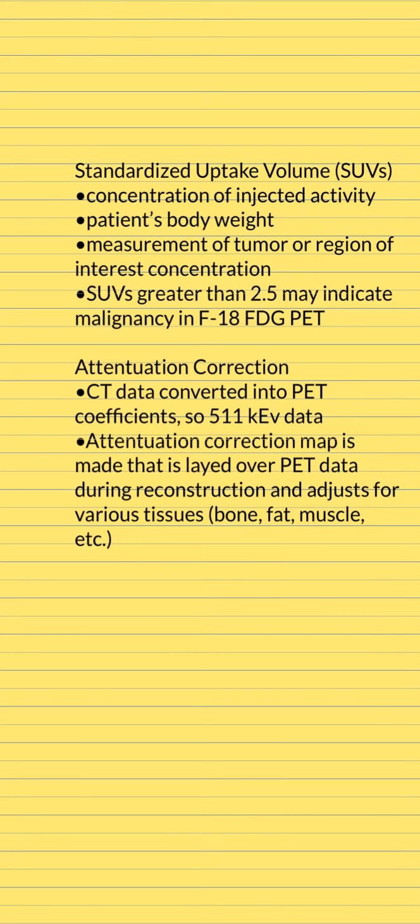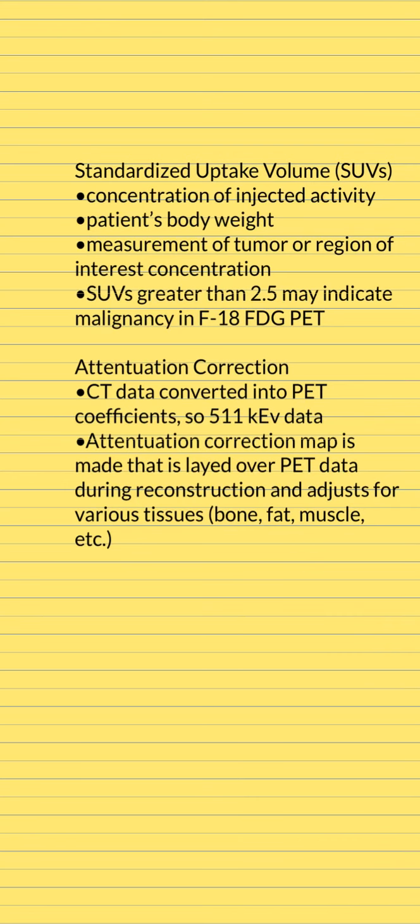That can be grams, kilograms, or pounds. You can use anything as long as you keep it uniform and know how to convert, but you need to know your patient's body weight. Then you have to know the measurement, or how much activity or concentration is in your region of interest. That's where you would have your tumor or wherever you're measuring.